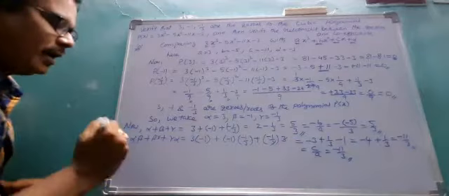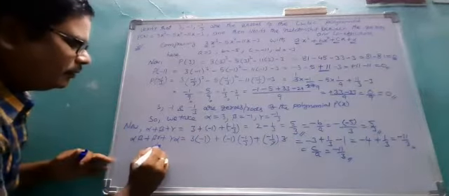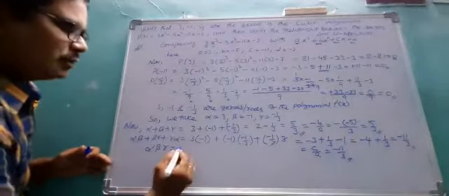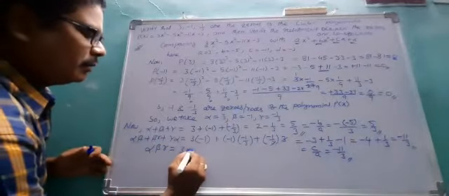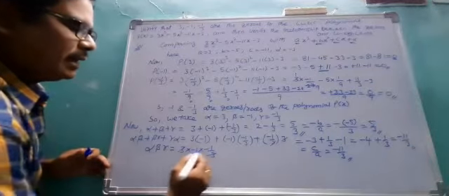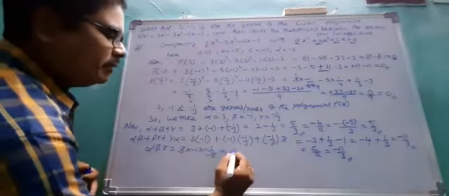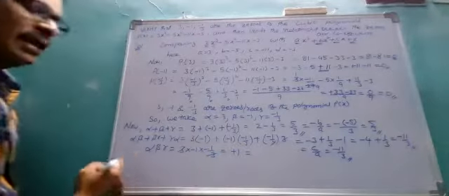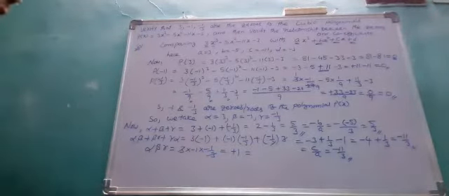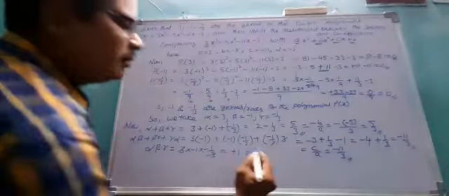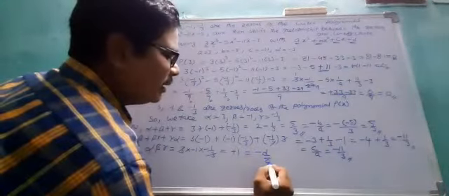And last and final, alpha into beta into gamma. So the product of the zeros, that means 3 into minus 1 into minus 1 by 3. 3 cancels. Minus 1 into minus 1 is plus 1. Already you know the relation between alpha into beta into gamma and the coefficients: the product of the zeros equals minus d by a.